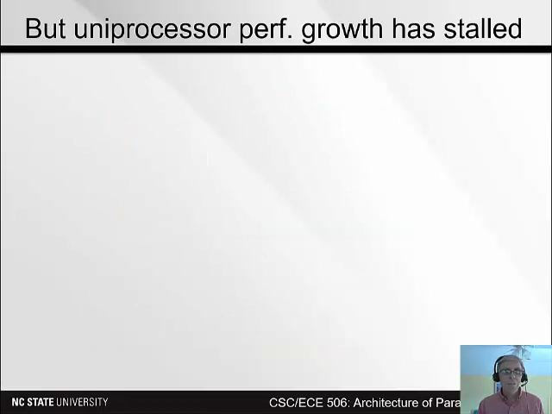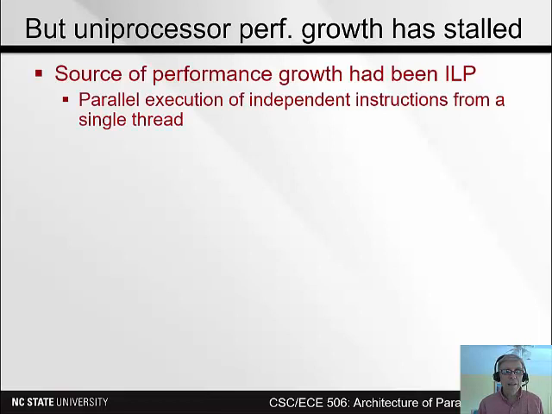Well, uniprocessor performance growth has stalled. A source had been instruction level parallelism, but instruction level parallelism ran into, first of all, the memory wall about the year 2000. It became clear that memory speeds were not increasing at anything like the speeds that processor speeds were increasing at.